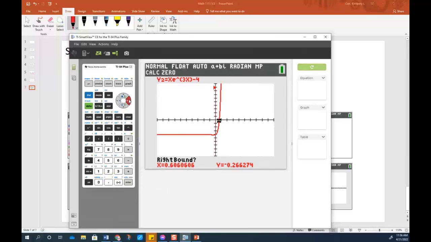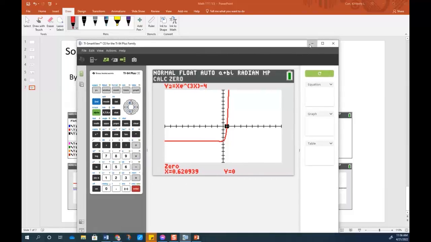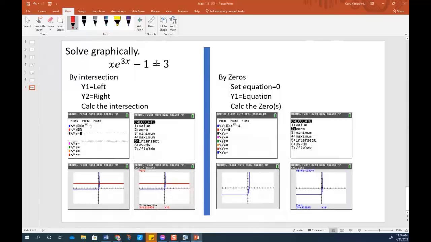Then I use my right arrow key over to get somewhere to the right of it. Again, doesn't matter if you're above or below, just to the left and to the right. And then I skip the guess, and I get the exact same answer. So on one of them, you just use the left hand and the right hand, and you graph two equations, find the intersection. On the other approach, you get it all over to equal 0, and then calculate the 0.